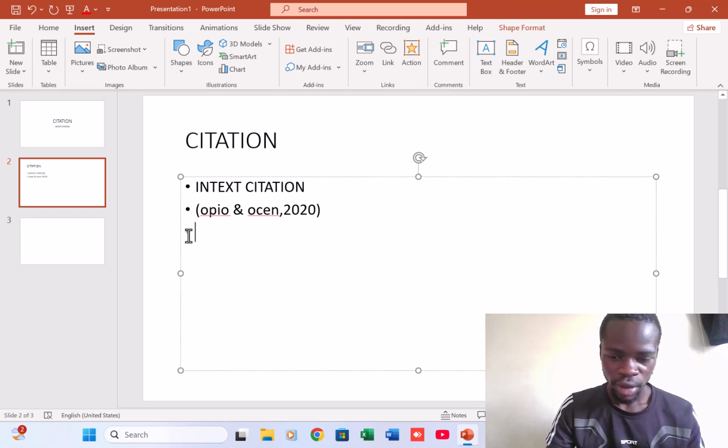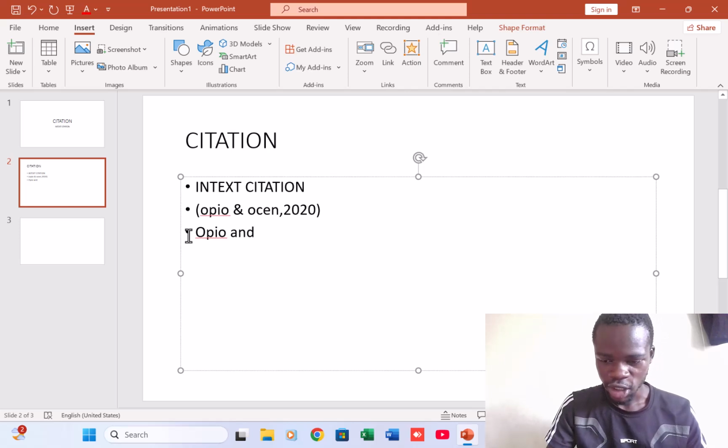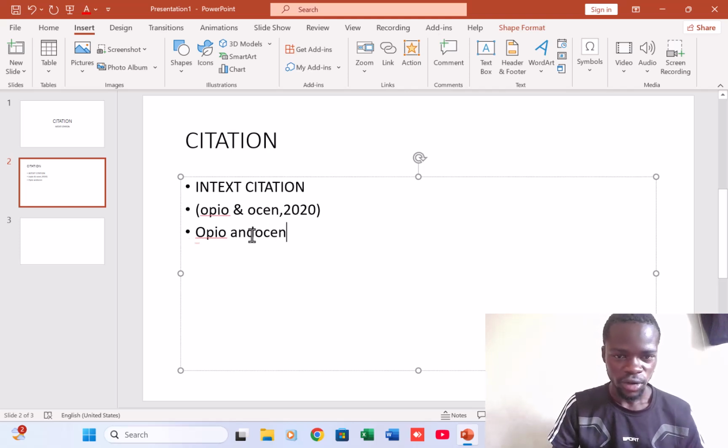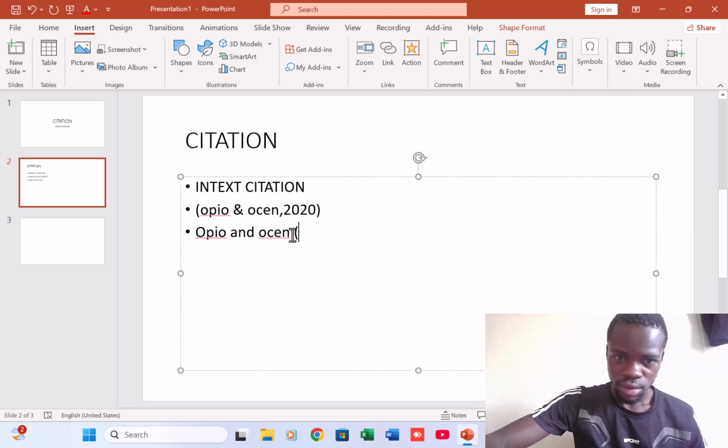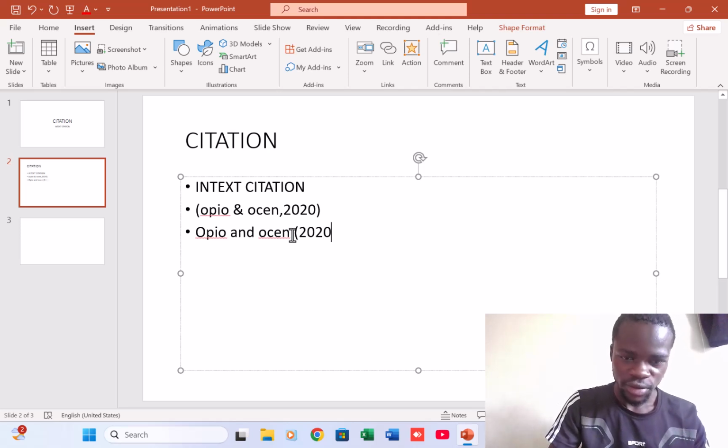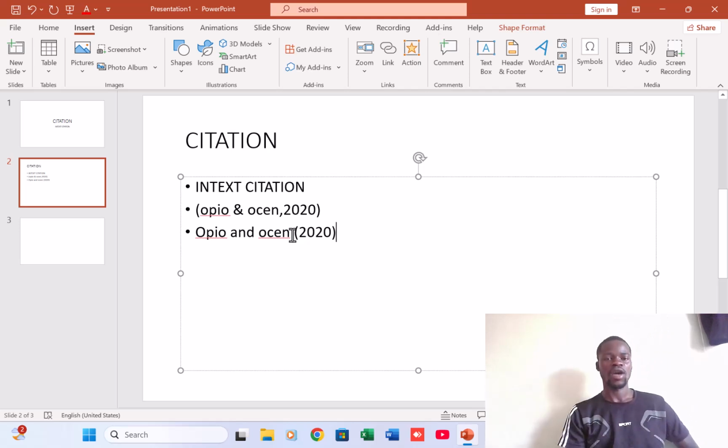So Opio and Ochen, then in brackets, you put the year of publication, 2020. Then you close.